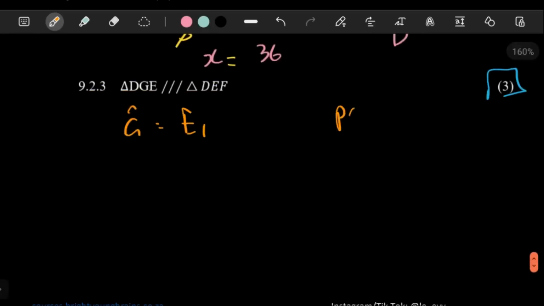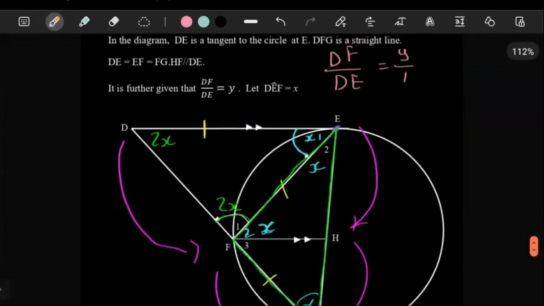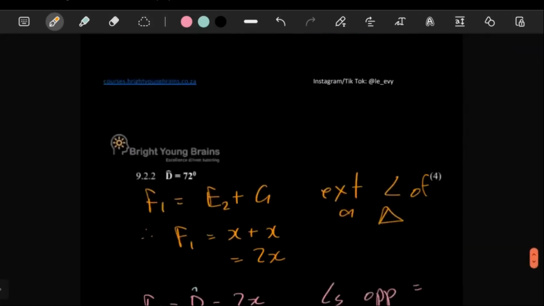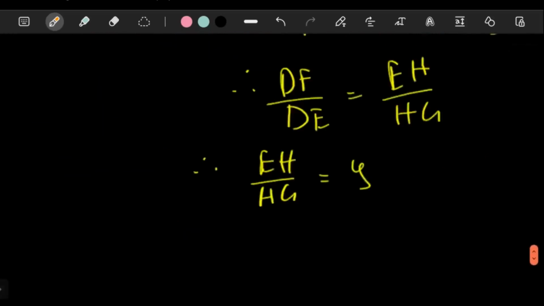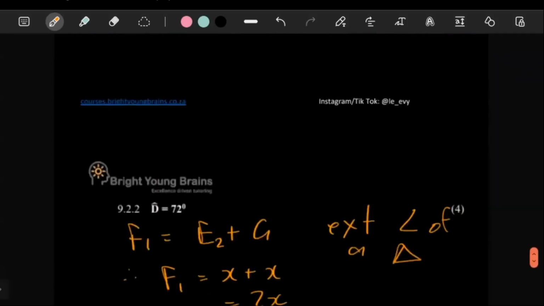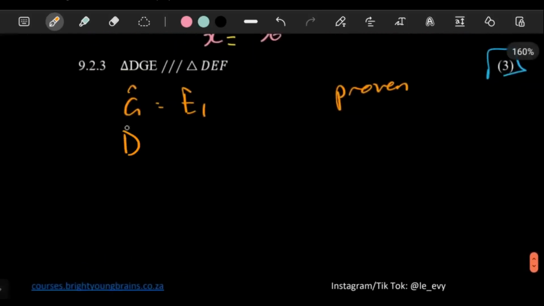This angle is equal to 2. D is a common angle, they both have D. The big triangle and the small one both have D there. So here D is equal to D, common angle.